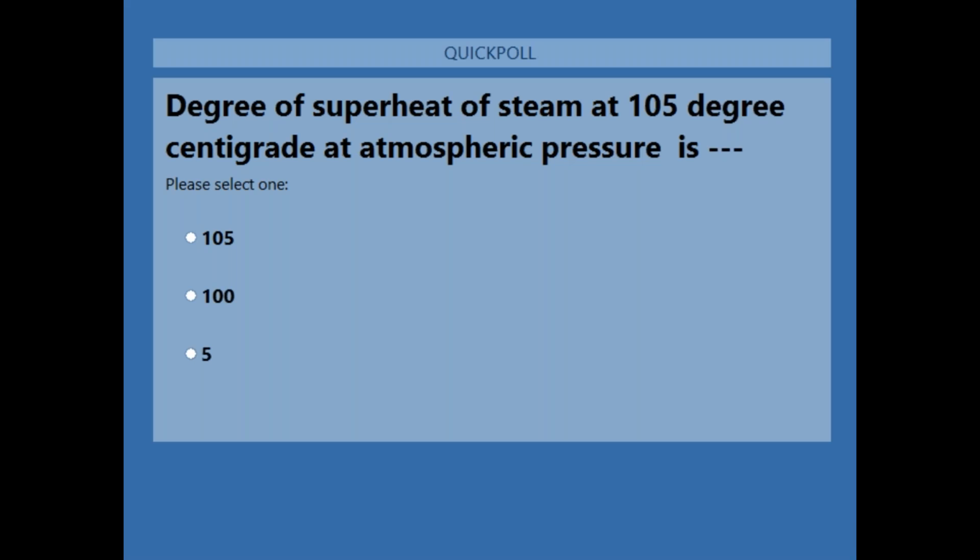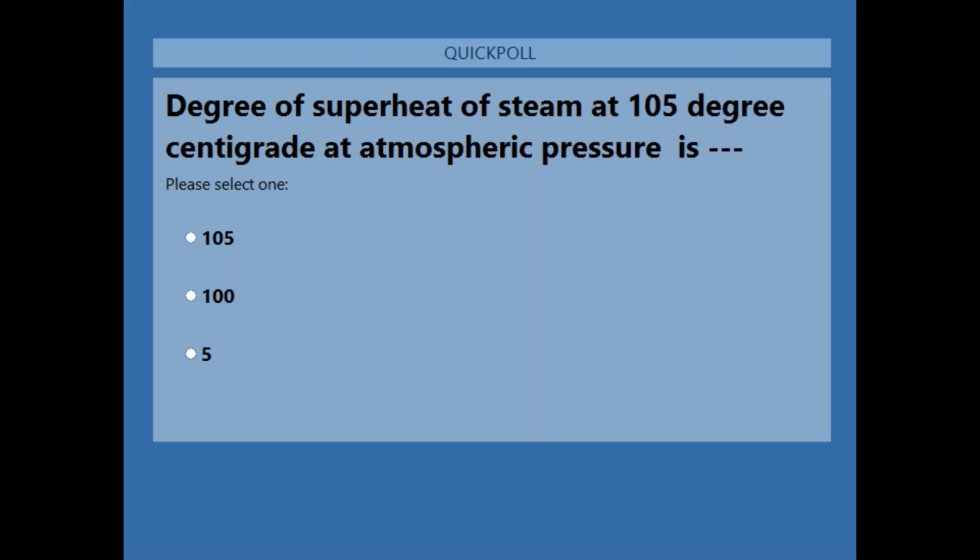If you heat it further, the water would convert itself to dry saturated steam. And when it is dry saturated steam at 100 degrees centigrade, if you heat it further, it would become superheated. Now, by how many degrees it gets superheated is nothing but the temperature difference between the temperature of the steam and the temperature at which the water starts boiling.